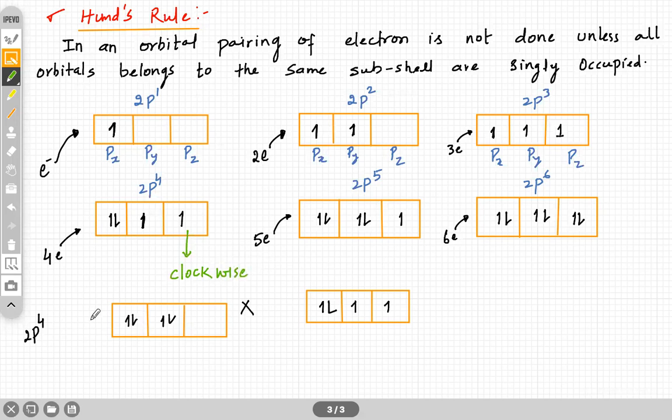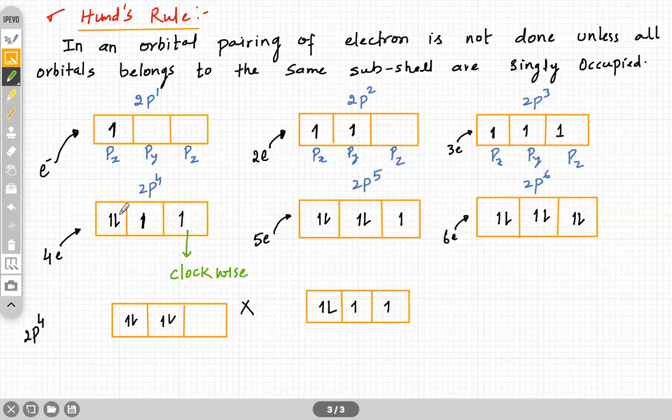It's relative, you can say, but the first electron that enters the orbital is assumed to have clockwise orientation. Yes, correct, Anurag, you can say that.